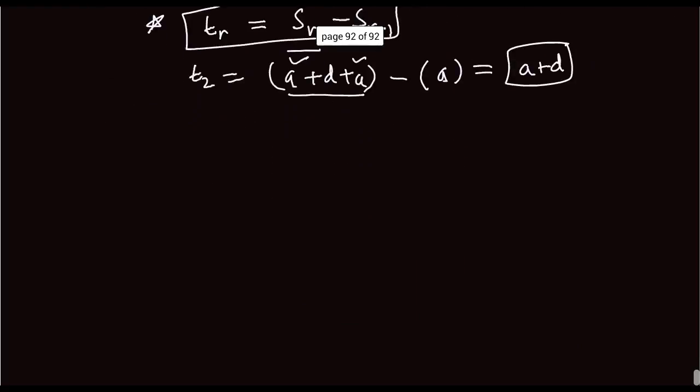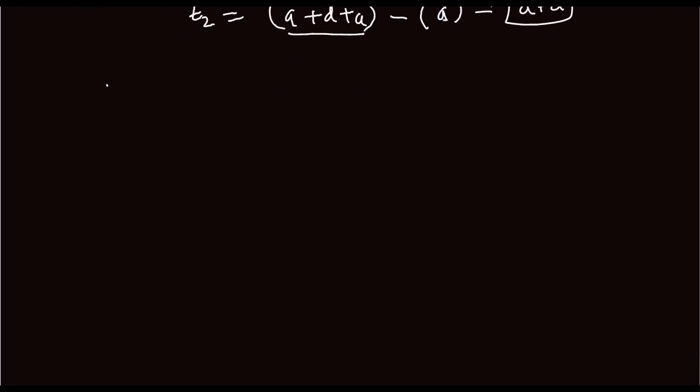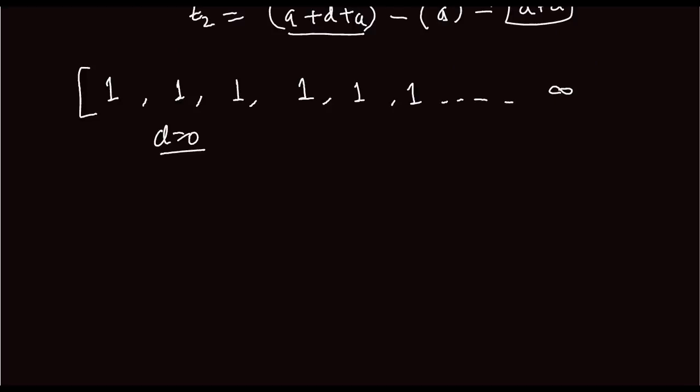Now we'll move on to properties of an AP. Let's first see some examples of an AP. This constant sequence, up to infinity, is an example of AP, because the common difference is 0, which is the same everywhere.